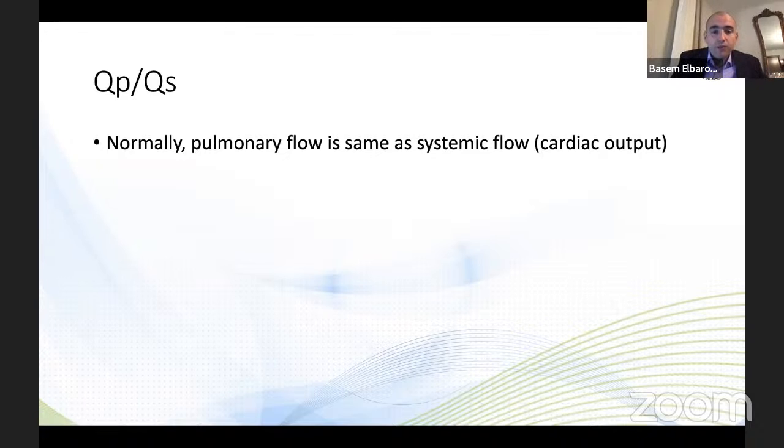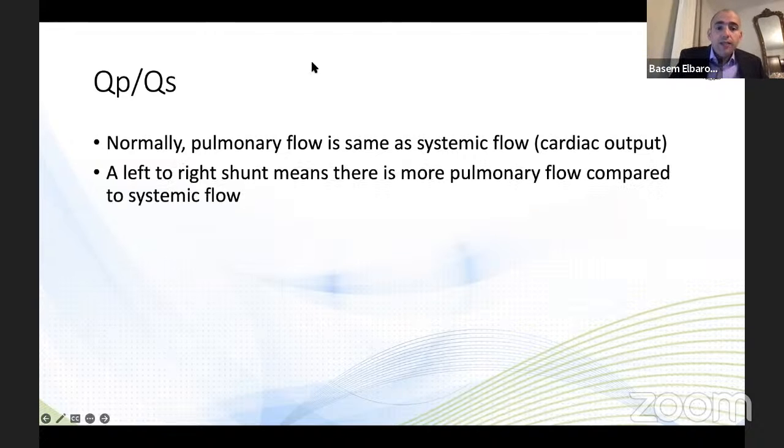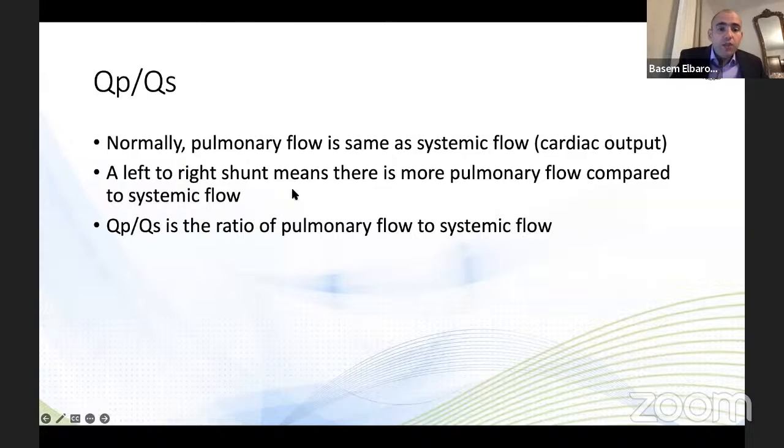The cardiac output in the pulmonary circulation is the same as the systemic circulation. All right, and that's why when we used the Fick equation, we took the pulmonary artery sample instead of a mixed venous sample. But when you have a shunt, there is more blood going through the pulmonary circulation compared to the systemic circulation. So QPQS is a measurement, the ratio of pulmonary flow to systemic flow.